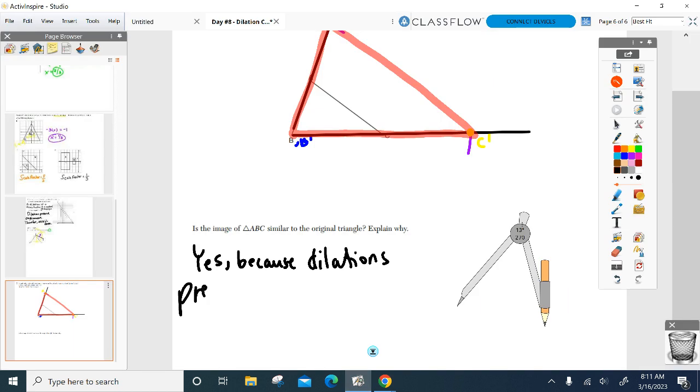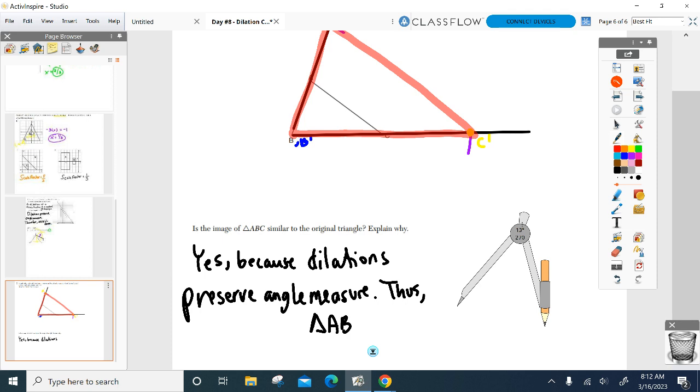There you go. Because dilations preserve angle measure. That is awful spelling. Hopefully nobody saw that. Preserve angle measure. Thus, triangle ABC is similar to triangle A prime B prime C prime.